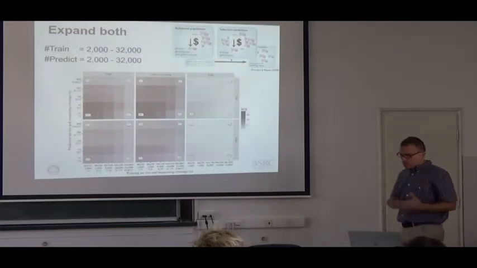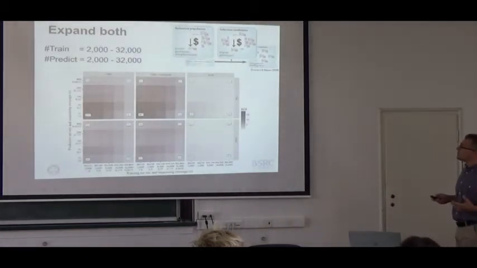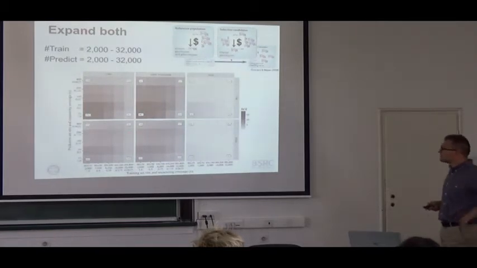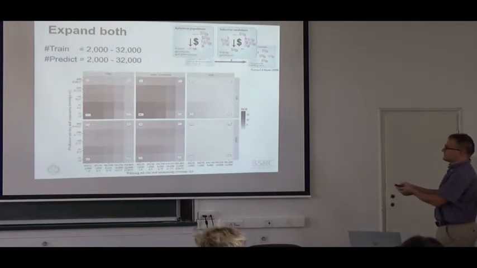Okay, and then we looked at manipulating both the reference and the prediction set. It's a bit hard to see, but the darker color means higher return on investment for this particular breeding program. This is 10,000 markers, and this is 100,000 markers. The first thing you see is that the colors tend to be darker here, so 10,000 again is better than 100,000.